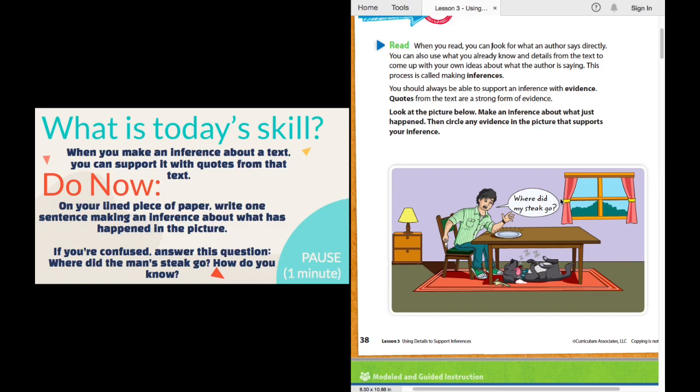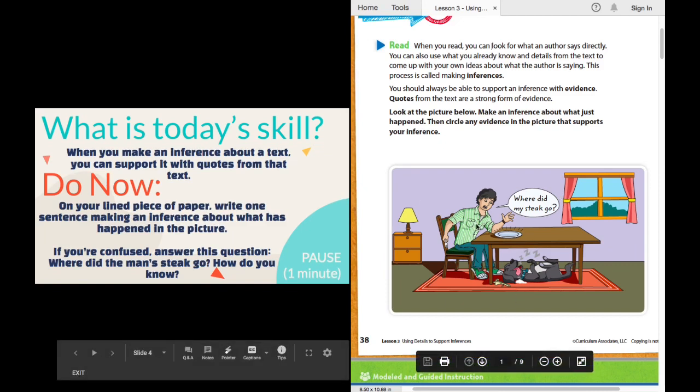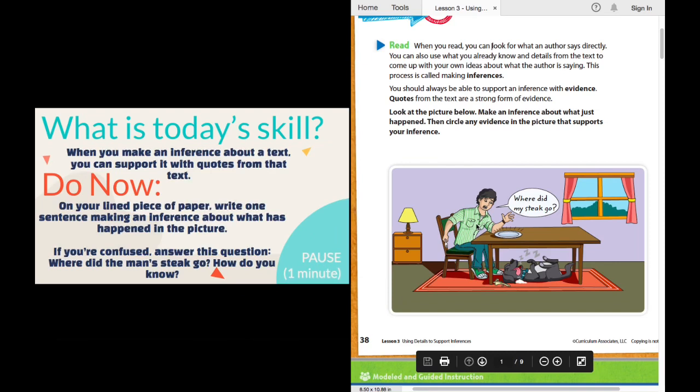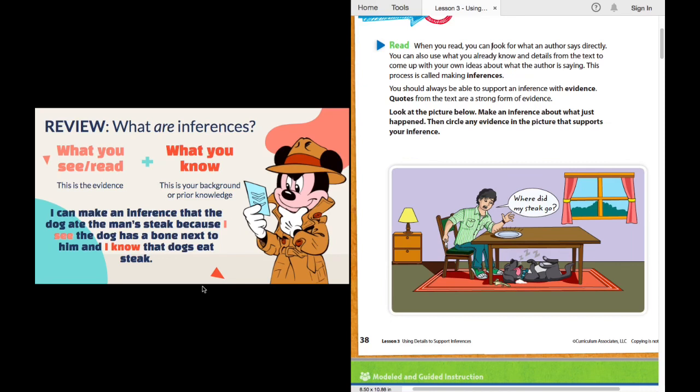Great. So when you look at this picture, you should see that there's a dog here, sort of sleeping with his tongue out, and there's a bone. And this guy's like, "Where did my steak go?" So when it asks you to make an inference, what you're basically doing is you're using what you read or what you see. So when it comes to a picture, I just sort of laid out what I saw.